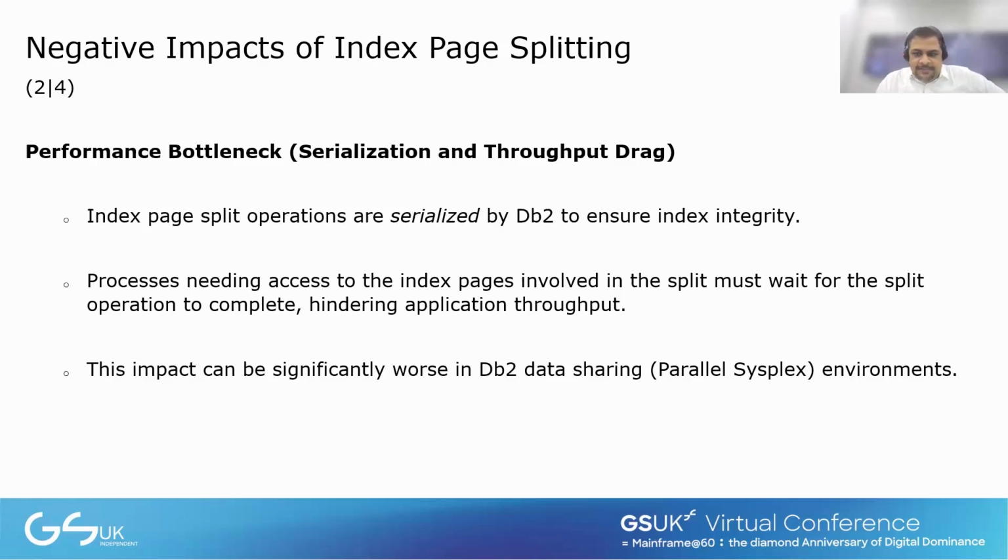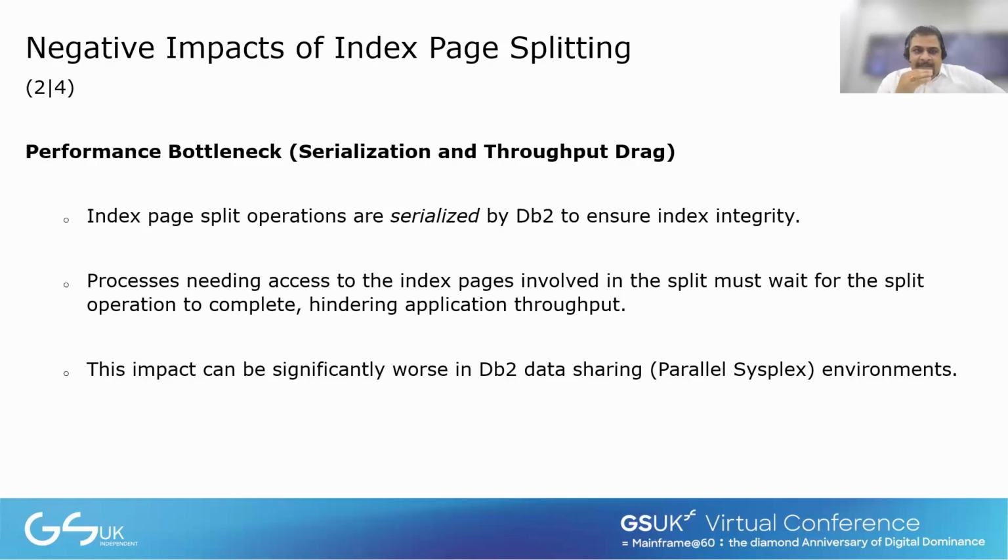Because the page splitting process is serialized in DB2. What does that mean? When a process, transaction or thread needs access to that particular index page where the splitting is happening, it should wait for that split to complete the operation because it has a lock on it.